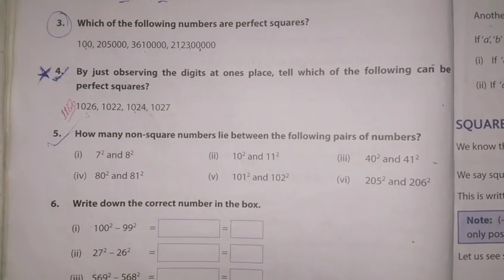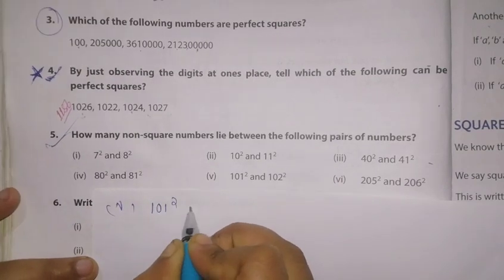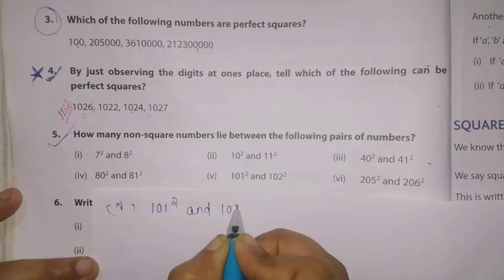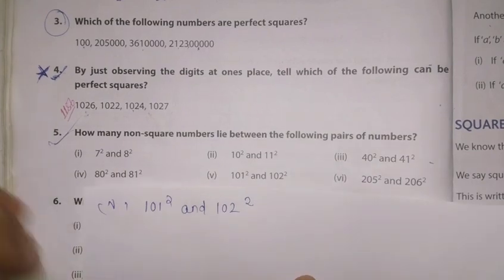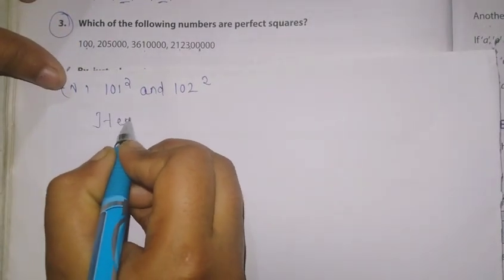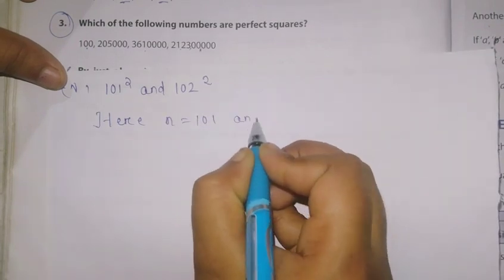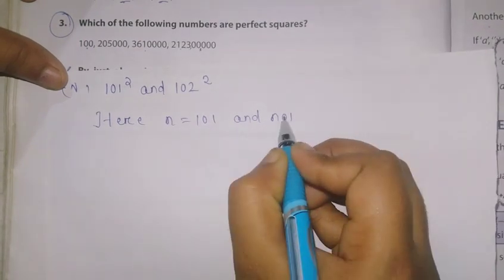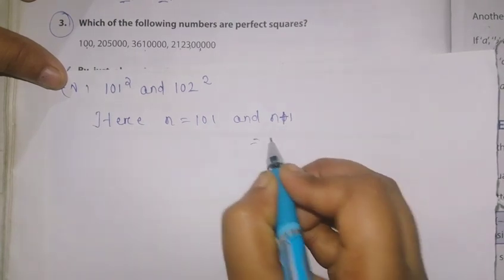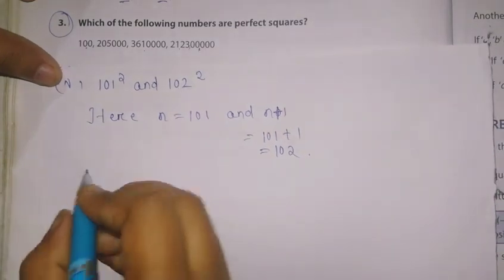Then we solve fifth: 101 square and 102 square. Here n equals 101 and n plus 1 equals 101 plus 1 equals 102.